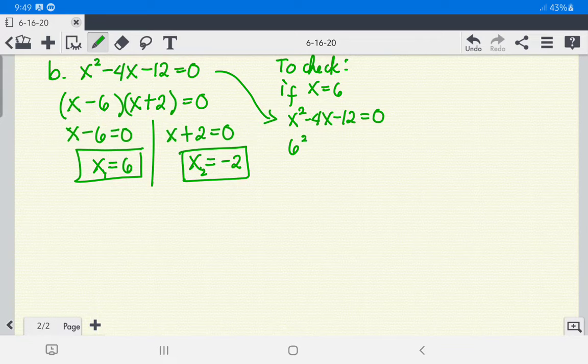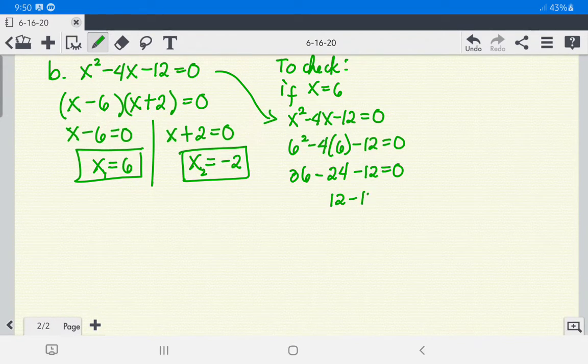So we have 6 squared minus 4 times 6 minus 12 equals 0. 6 squared is 36, then minus 24, 4 times 6, that is 24, then minus 12 equals 0. Now 36 minus 24, we have 12, then minus 12 equals 0. 12 minus 12 is equal to 0. Then equals 0, check.